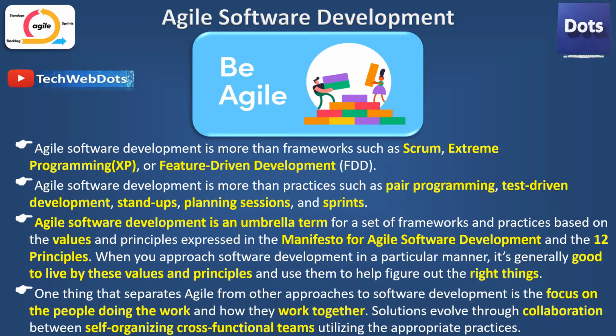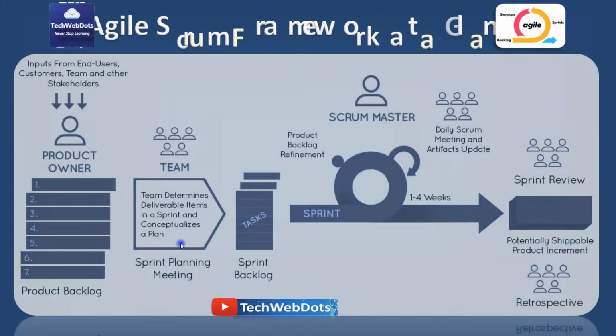For example, in our team, there are members who are aware of front-end development, server-side development, and back-end development. So they have knowledge of all the functions, even server-side deployment. They have end-to-end knowledge. So that is self-organizing cross-functional teams utilizing the appropriate practices, and that's why we say be agile.